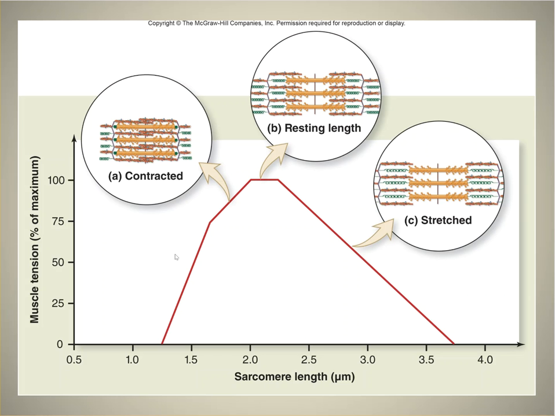But if it's too short, then there's too much overlap, and the H zone is smaller, and of course that's the amount that's contracted, the H zone, and so you generate less tension if it's not stretched enough. So in your body, your muscles are stretched to just the right length to cause maximal contraction, maximal tension generation if you need it.